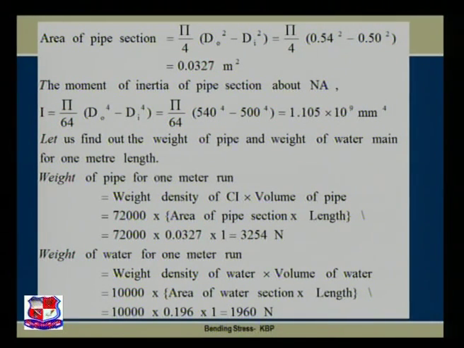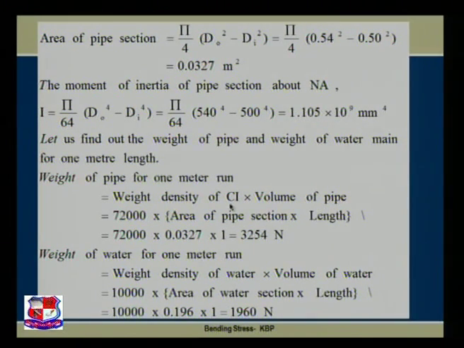Now, let us find out the weight of the pipe and the weight of the water main for 1 meter length. So, weight of the pipe for 1 meter length of run is equal to the weight density, that is the unit weight of the cast iron, the material from which it is made, multiplied by the volume of the pipe, as we discussed in the previous problem also.